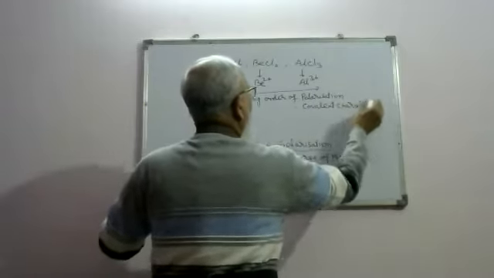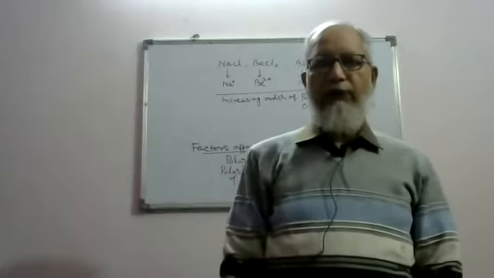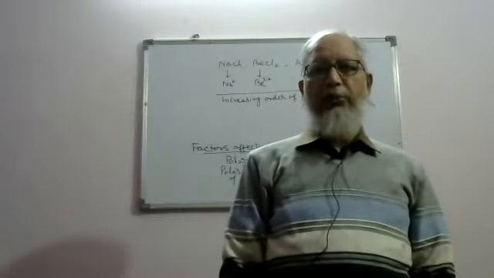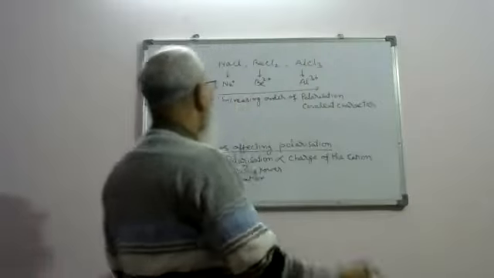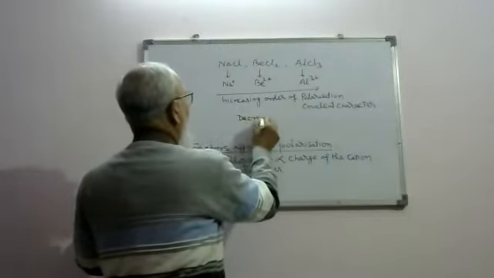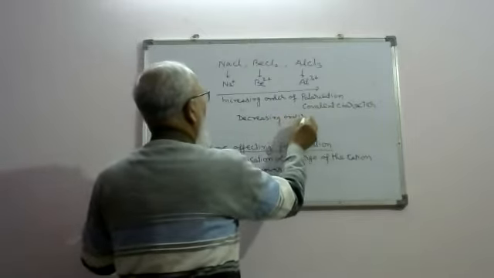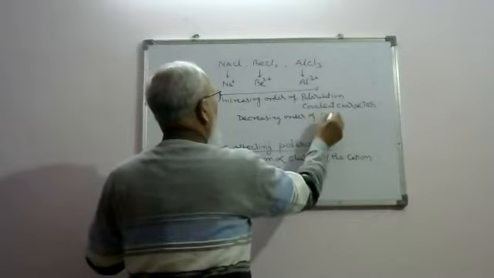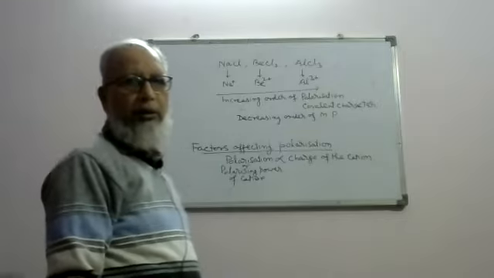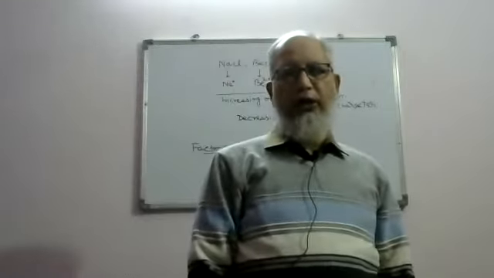And we know that electrovalent compounds have higher melting and boiling points in comparison to covalent compounds. Therefore, this will be the decreasing order of melting point, and greater the covalent character, lesser will be the solubility in water.